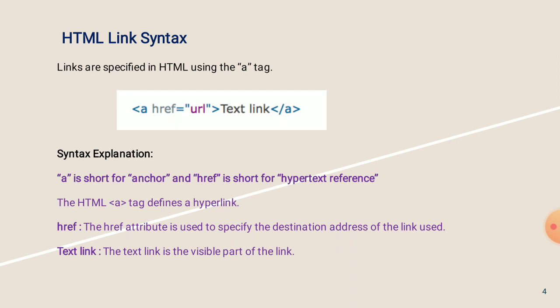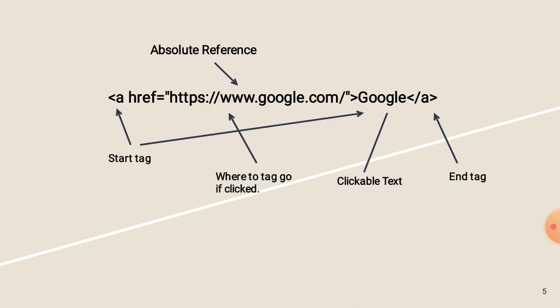The syntax explanation is that a is short for anchor, and href is short for hyperlink reference. The HTML a tag defines a hyperlink, and href is an attribute used to specify the destination address of the link. The link text is the visible part of the link.